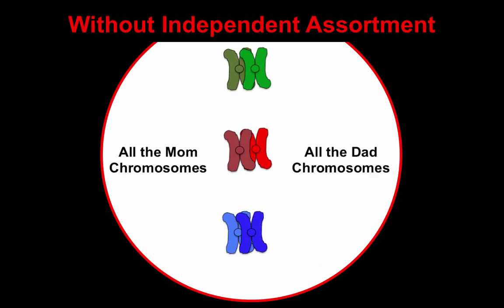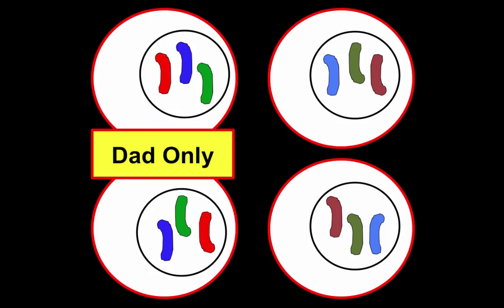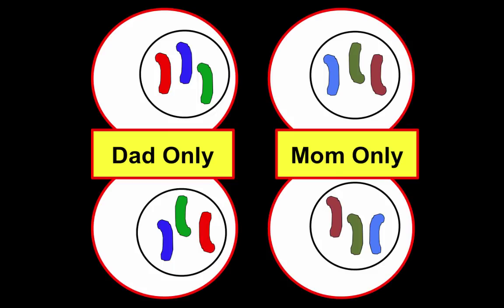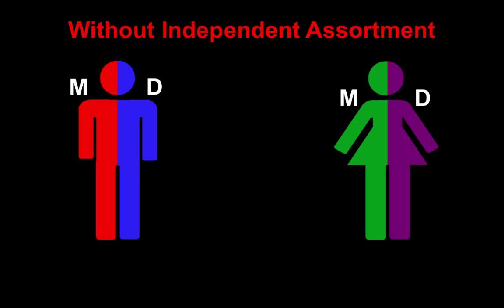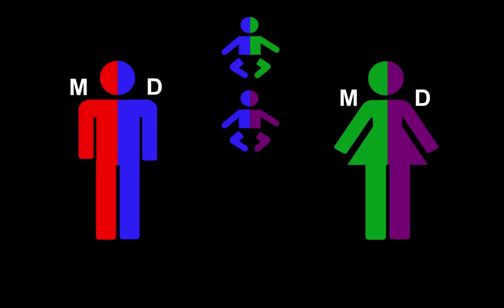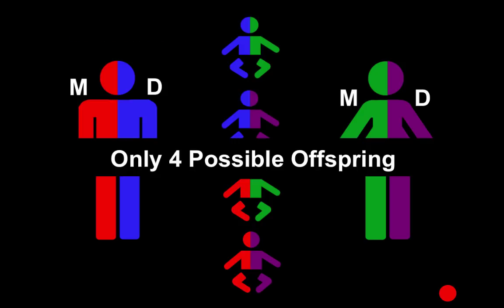So without independent assortment, if they just lined up all the mom chromosomes on one side and all the dad chromosomes on the other side, you're going to end up giving your kid either the stuff that your dad gave you or the stuff that your mom gave you. And that has major implications, because if that's the way life worked, there would literally only be 4 possible offspring that a couple could make.